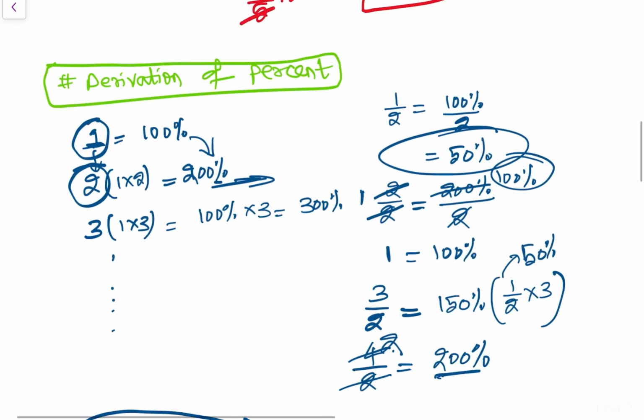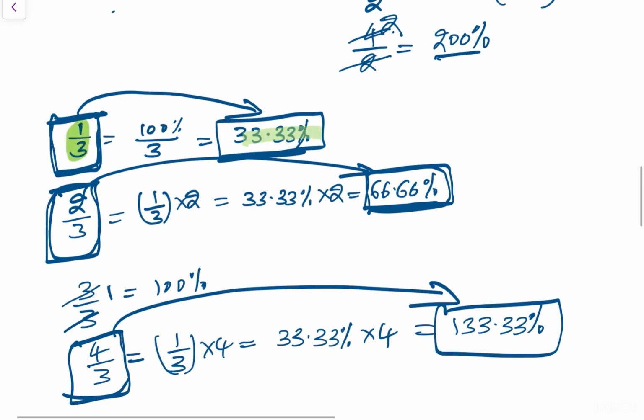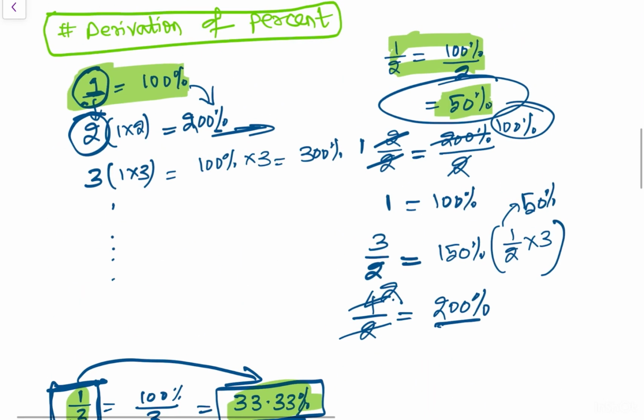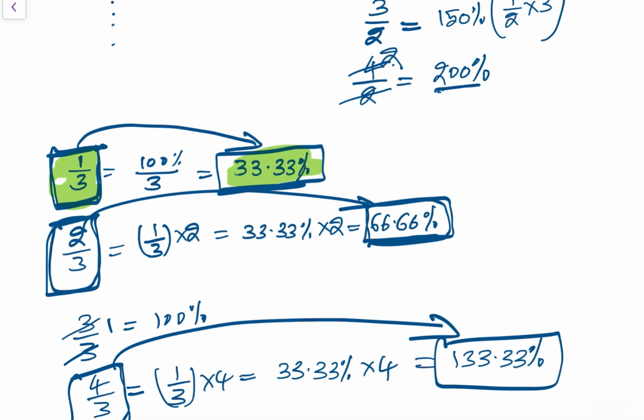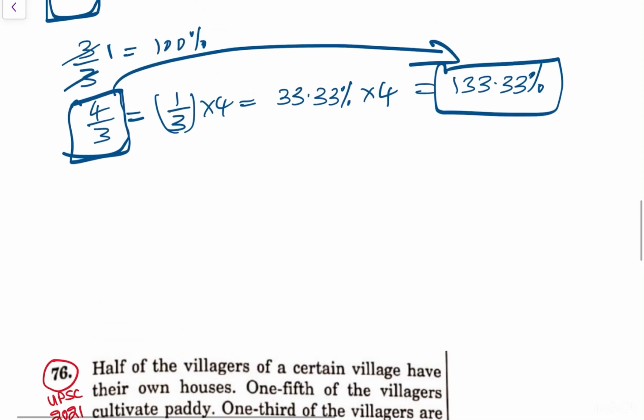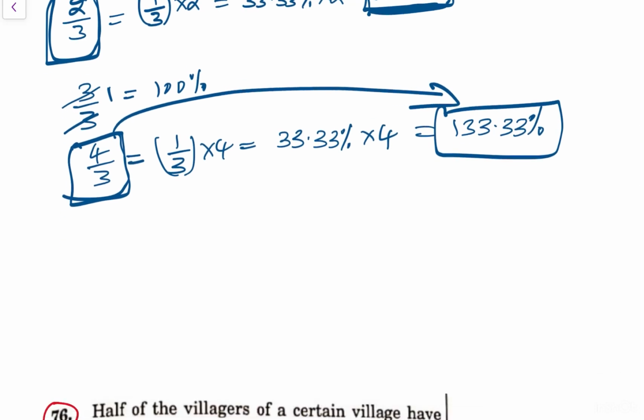So one thing is you must know: 1 is equal to 100%, and 1 by 2 is equal to 50%, right? And 1 by 3 is 33%. All these things you can calculate easily. ठीक है, then चलते 1 by 4.